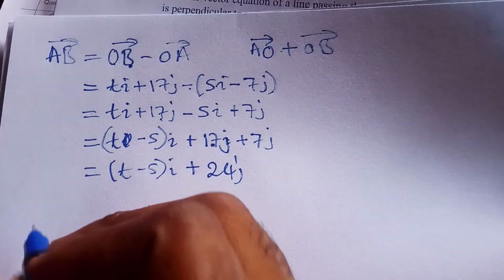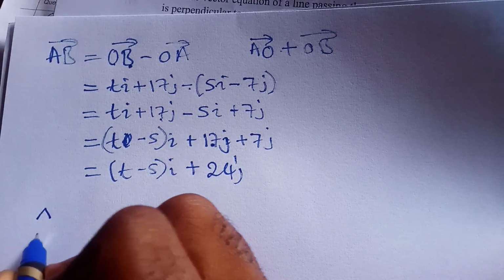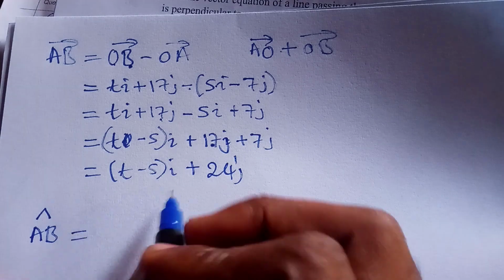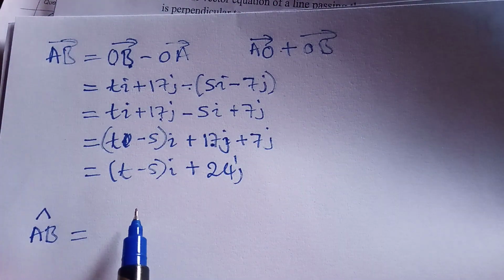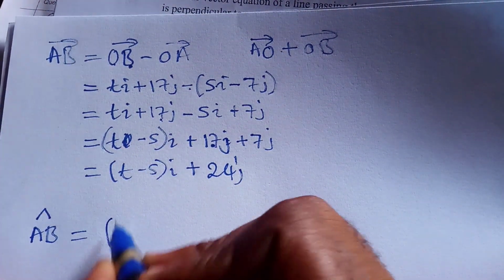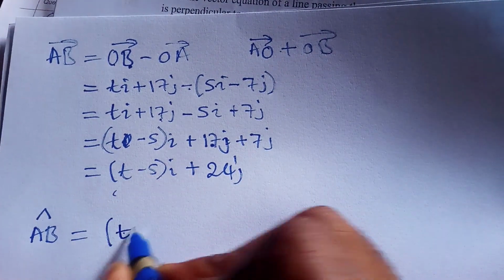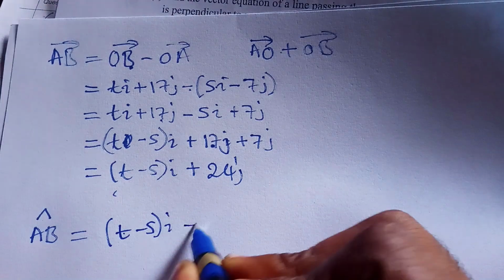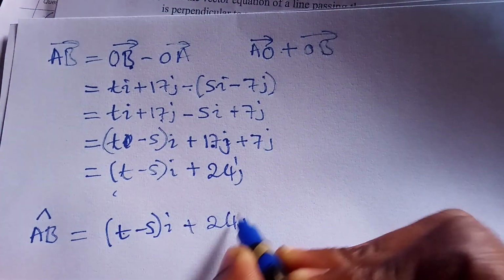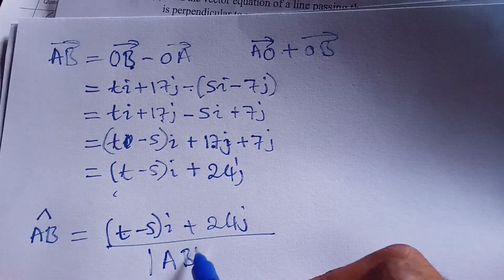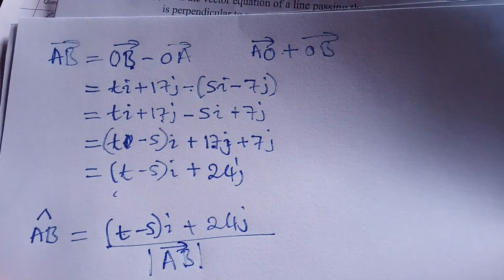Remember, the unit vector in the direction of AB will be defined by AB, which is this one, t minus 5 i plus 24j, everything over the magnitude of the vector AB.